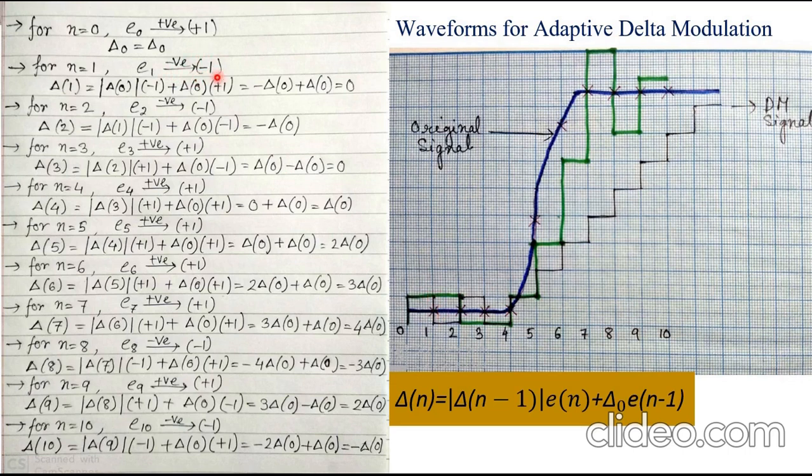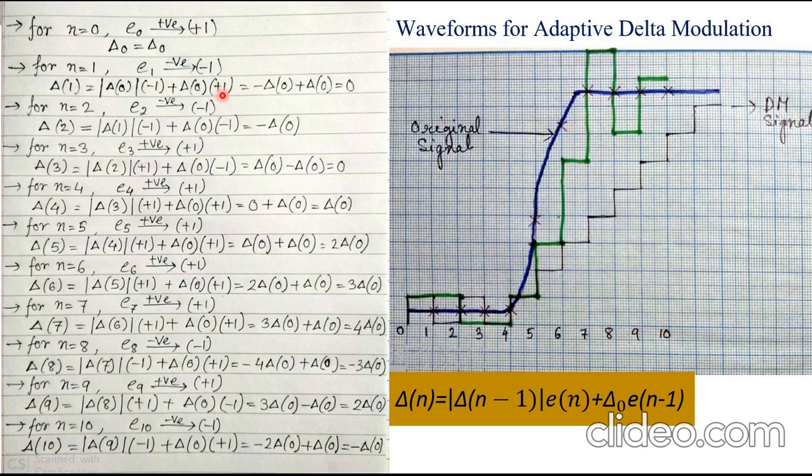So in that case, delta 1 will be mod of delta n minus 1, meaning delta of 1 minus 1 is delta 0, and En is -1. So mod of delta 0 into -1 plus delta 0 into En minus 1, that is +1. This is the previous error, which is +1.